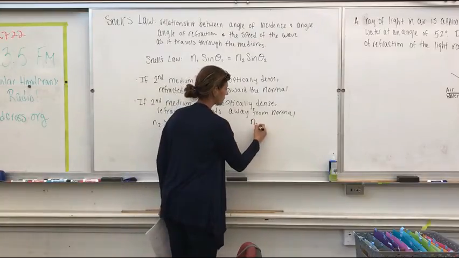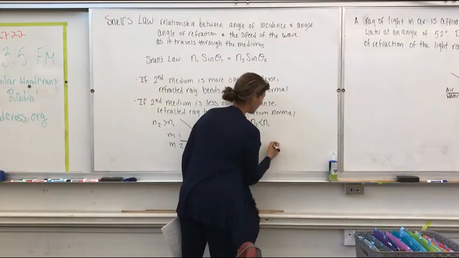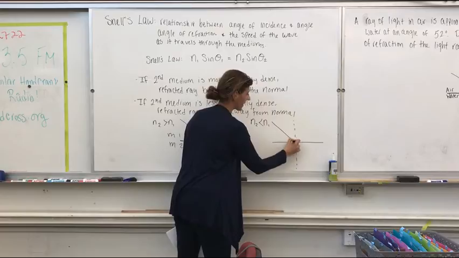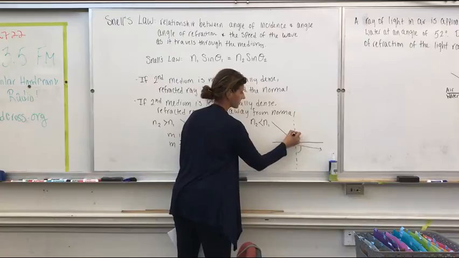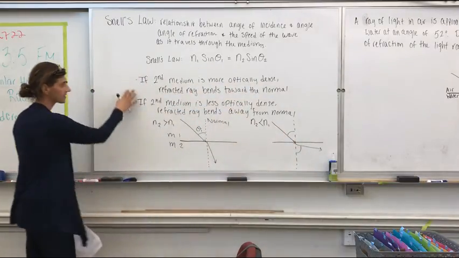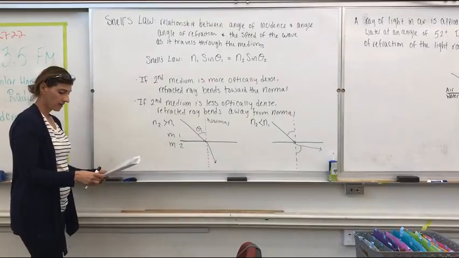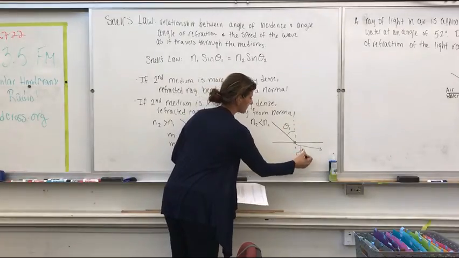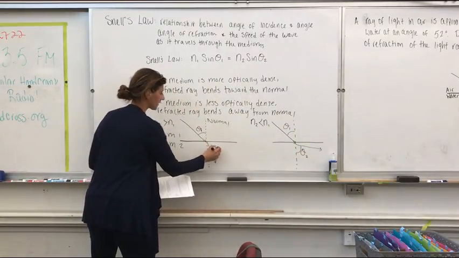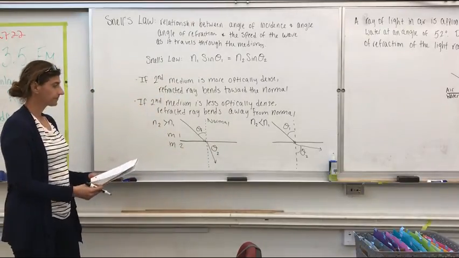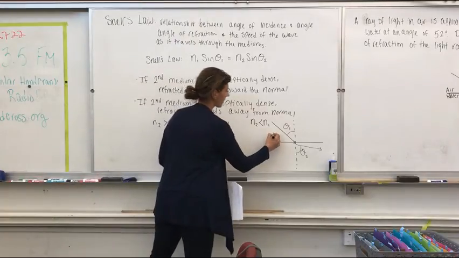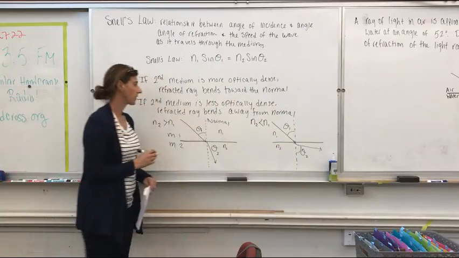If n2 is smaller than n1, then there's your normal, there's the incoming ray, and now it bends away from the normal, so you get this very large angle here. So that's what these two statements mean. Theta 1 and theta 2, and n1 and n2, the optical density of these two mediums.